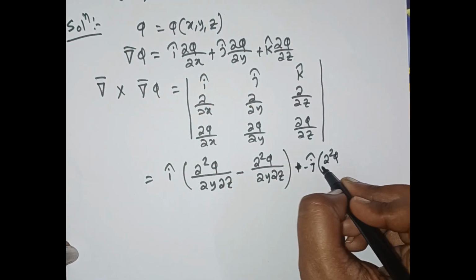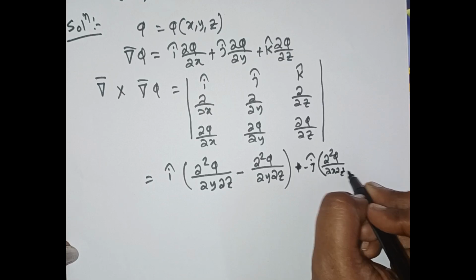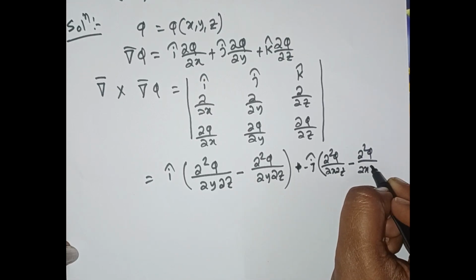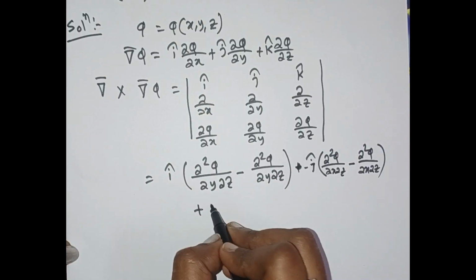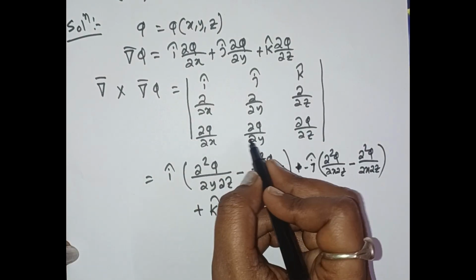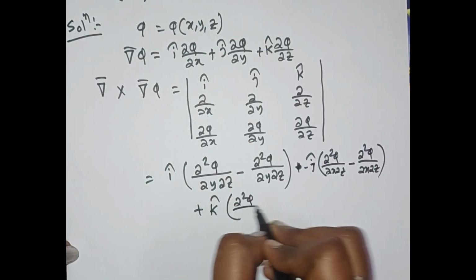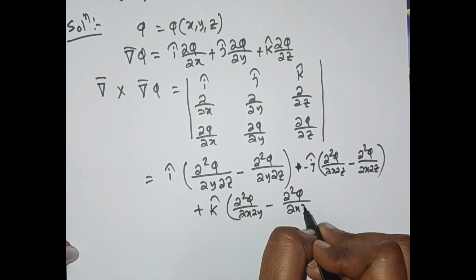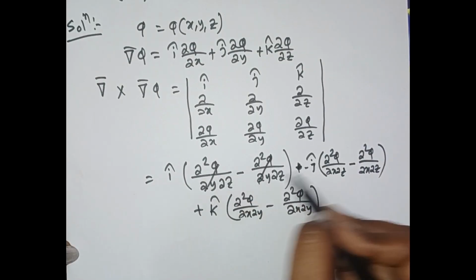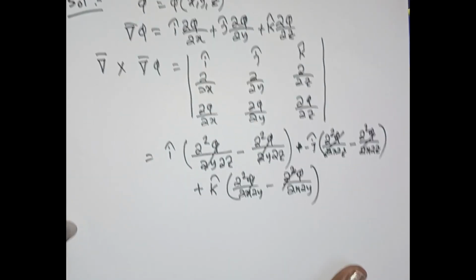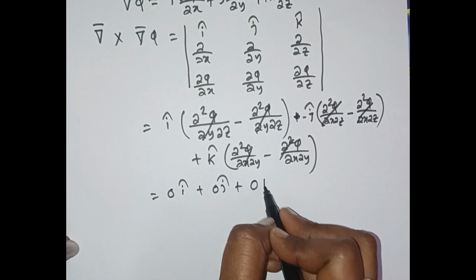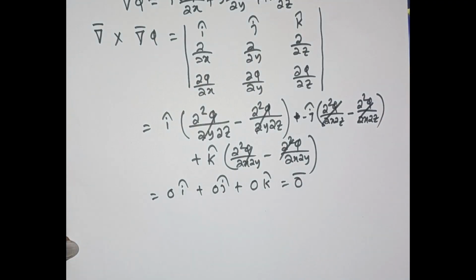So del square phi del x del z minus del square phi del x del z, plus k cap with these two minus these two. So del square phi del x del y minus del square phi del x del y. So all these cancel out. That is 0i plus 0j plus 0k. This is 0 vector.